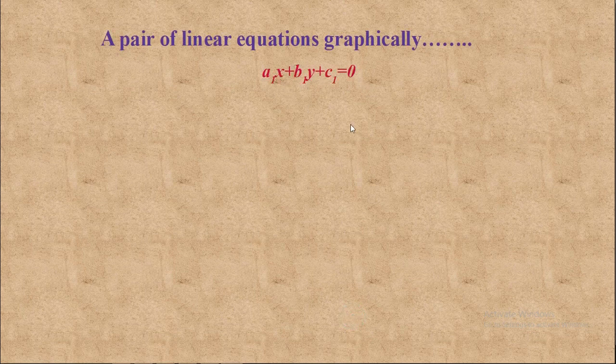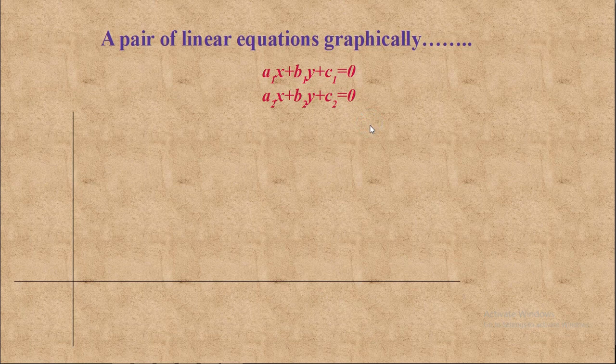We are taking two linear equations, that is, a pair of linear equations in two variables x and y, here as a1x plus b1y plus c1 equal to 0 and a2x plus b2y plus c2 equal to 0. Let us see how the graph of these two lines looks. We know that the graph of a linear equation is a straight line.